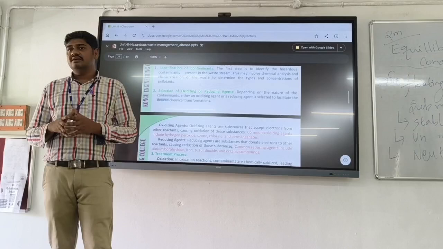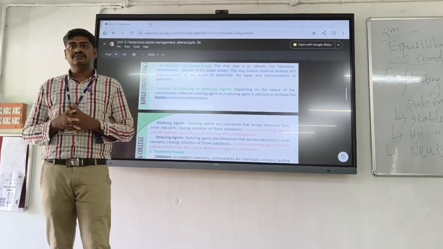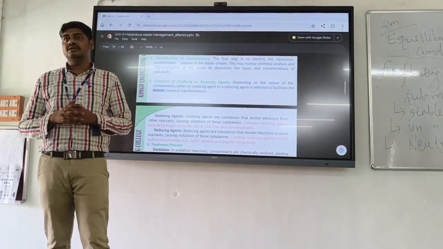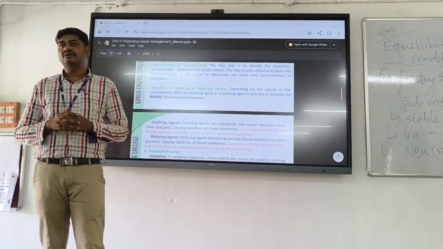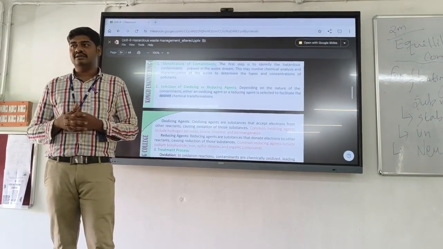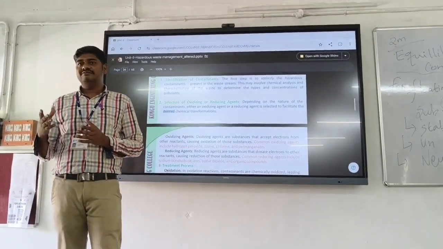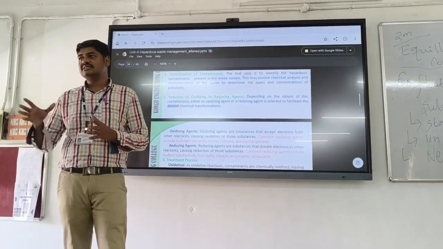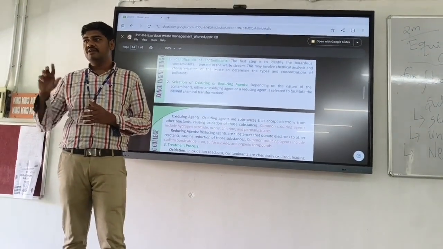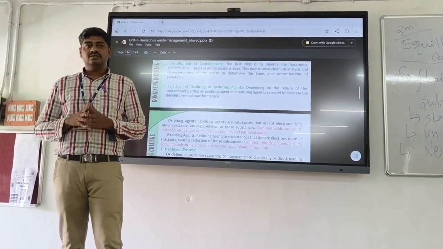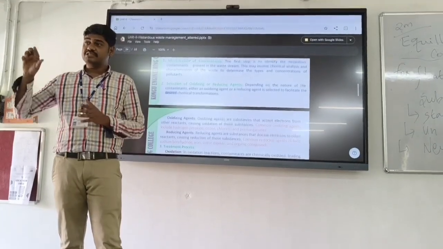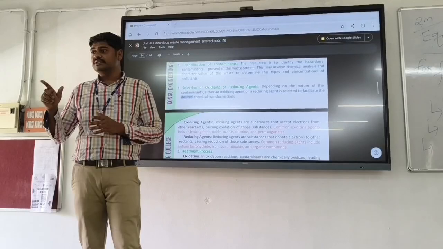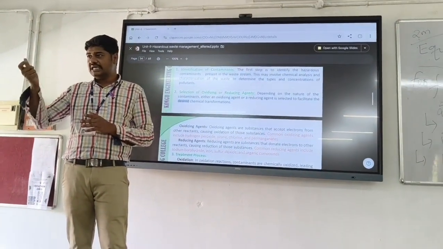For example, you can estimate iron. In that, you have the titrant solution, KMnO4, and the analyzed solution is the iron. Here Fe2+ is converted to Fe3+, which means an oxidation reaction takes place, a loss of electrons. Then KMnO4: Mn7+ is reduced to Mn2+, gaining electrons.